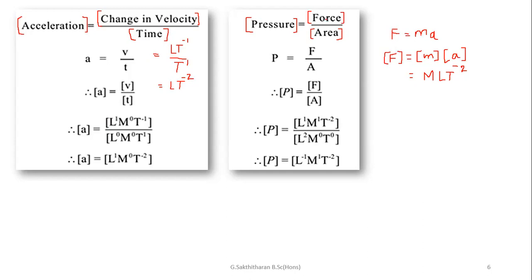So here force over area. So the dimension of the pressure equals force over area. We already wrote the dimension of the force is M L T minus 2, over area. The dimension of the area is L squared.